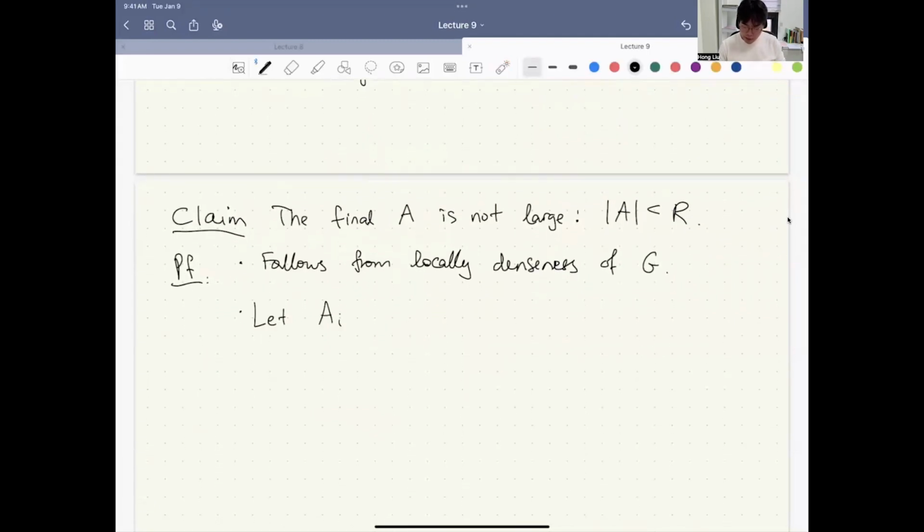For every I in Q, let AI be the set of active vertices, the active set, prior to the ith iteration.